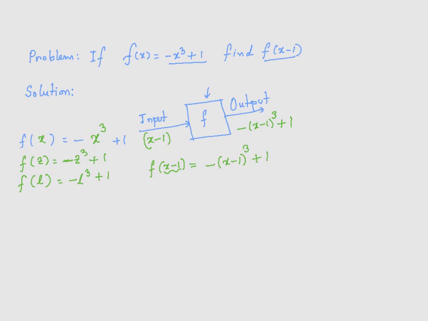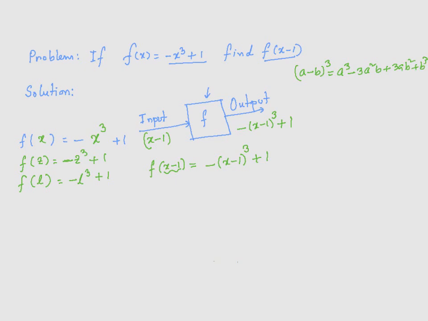Now you can simplify it further using the a minus b whole cube formula, which is a cube minus 3a square b plus 3ab square minus b cube.